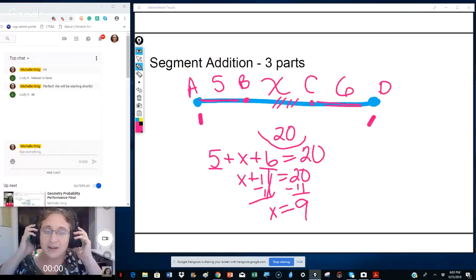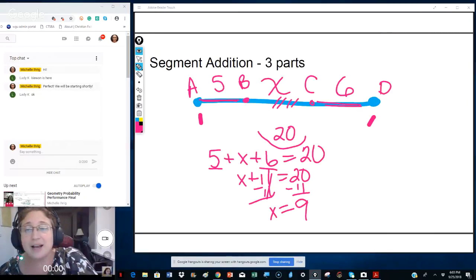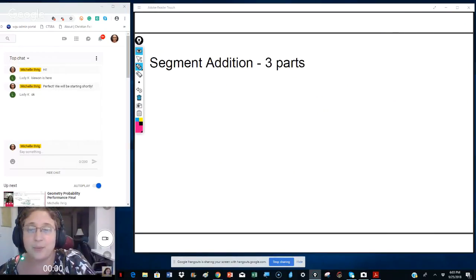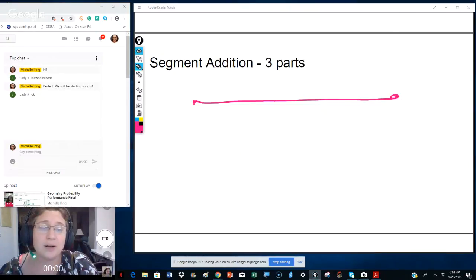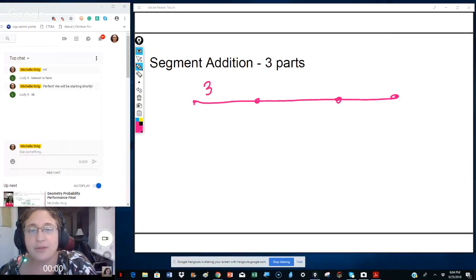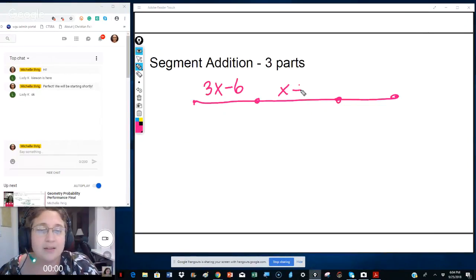Now, unfortunately, the question on your test is going to be a little bit harder than that. It's actually going to make us do geometry with it. And so the geometry piece, of course, comes from our line. But instead, maybe we would have 3x minus 6 is this segment, x plus 3 is this segment, and then this segment might be 2x plus 9.